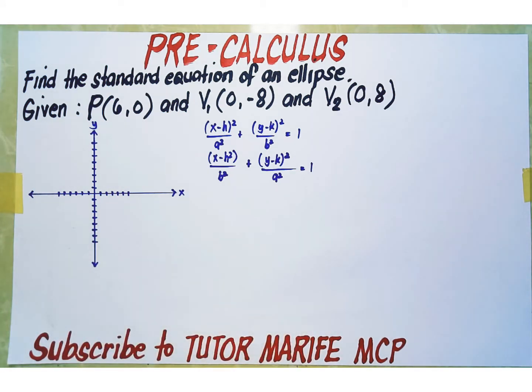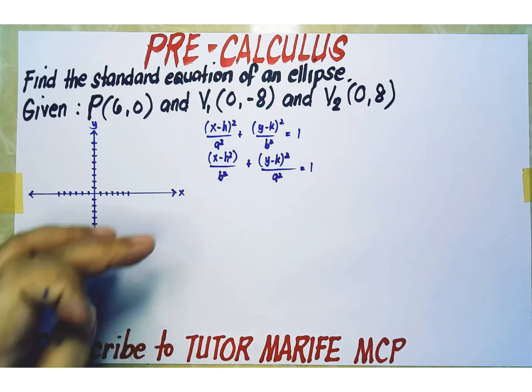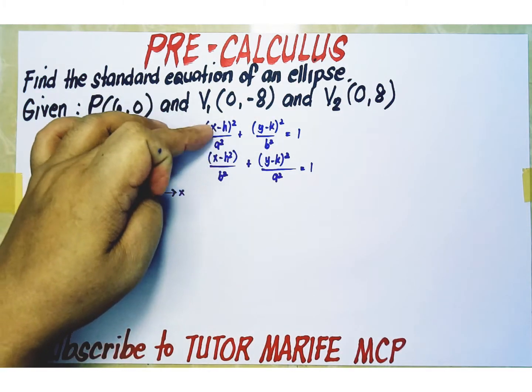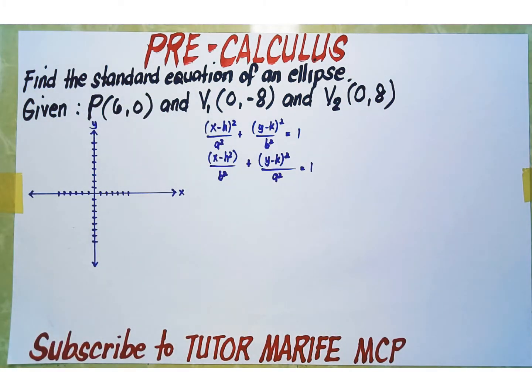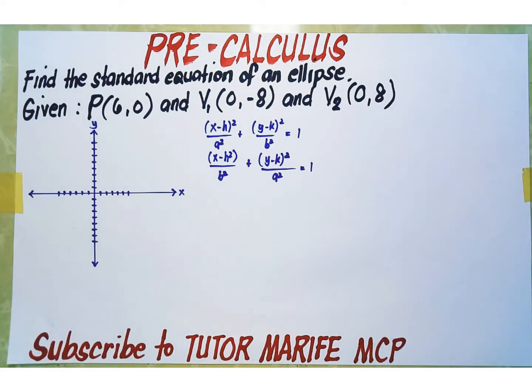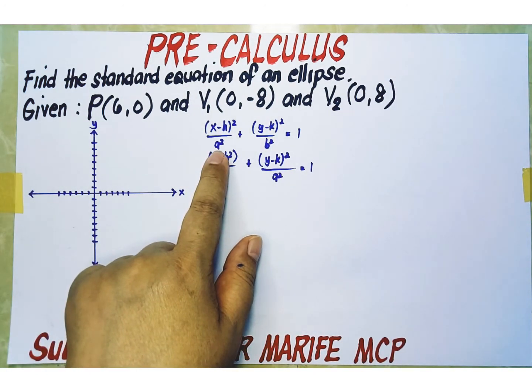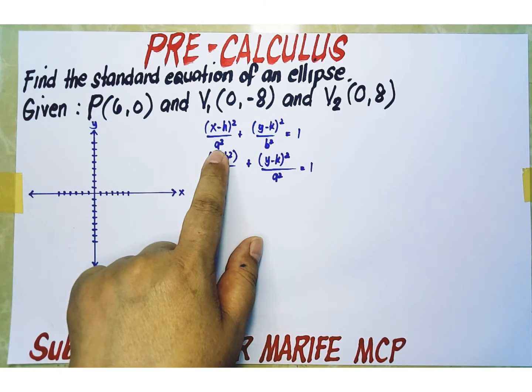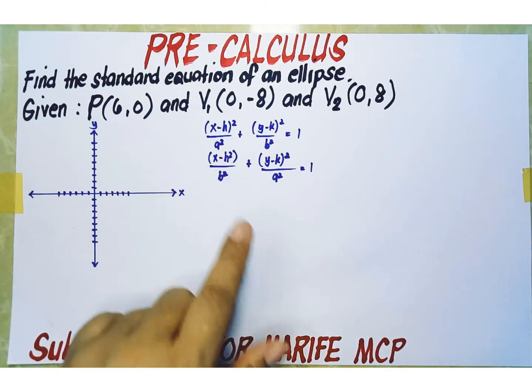Some students are confused about which of the two equations to use. So that's your first challenge. Figure out which equation to use for this problem. Remember this: a is always associated with the major axis.